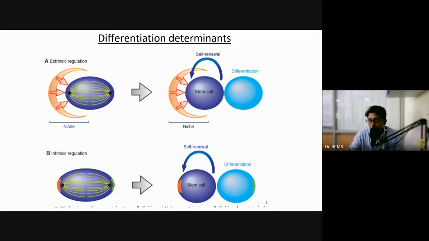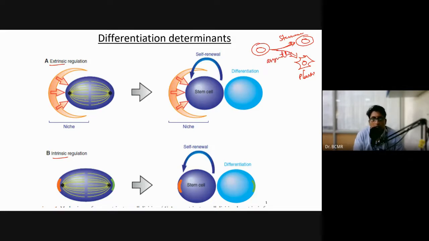So all differentiation happens by two factors. One is the signals that come from the niche, and the second is what genes are already expressed, that is the intrinsic regulation. So normally in a cell, as we discussed earlier, there are two properties. One is self-renewal, and the other is the ability to differentiate, that is plasticity. The first one, self-renewal, you can also call stemness. That means the division is asymmetric, right?